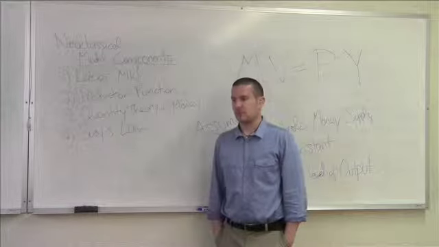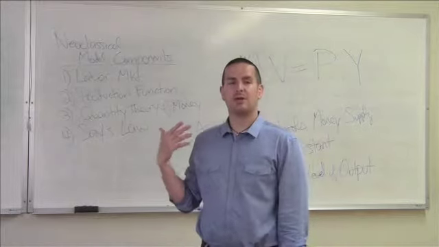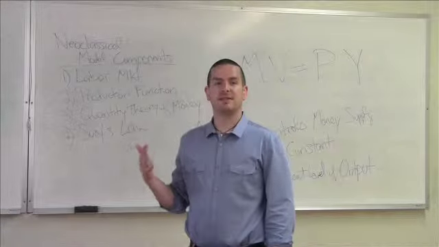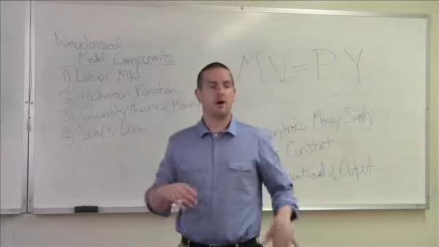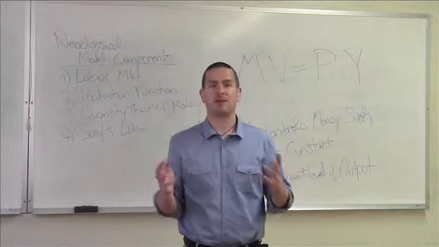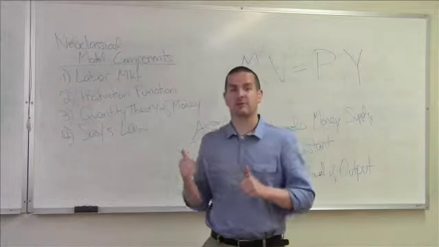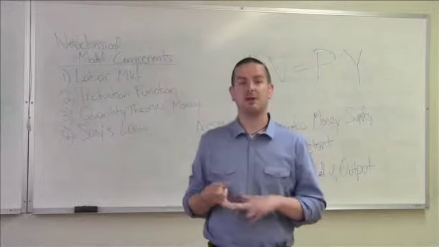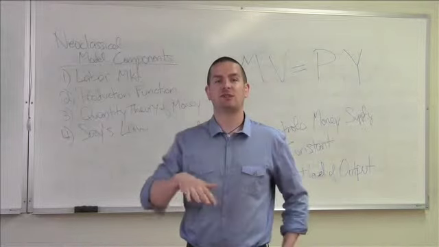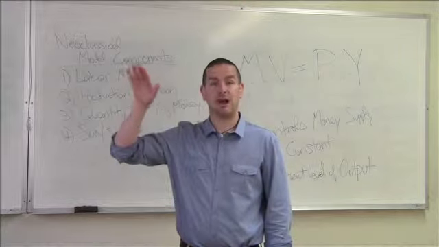This is also why you hear some pundits on TV saying, oh, Obama's increased the money supply, there's going to be hyperinflation. What they're using is this particular theory. Remember, inflation is when prices rise, and hyperinflation is when prices rise a lot, very rapidly.